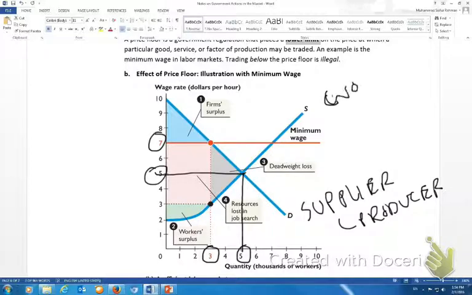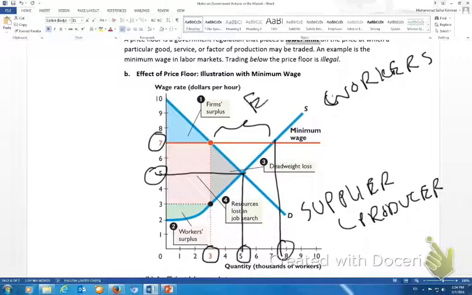So this is where the workers are. Okay, so when that happens, our producers demand fewer workers, and our households are willing to supply more work, and that's a problem because at the new minimum price of $7, we now have something called an excess supply.